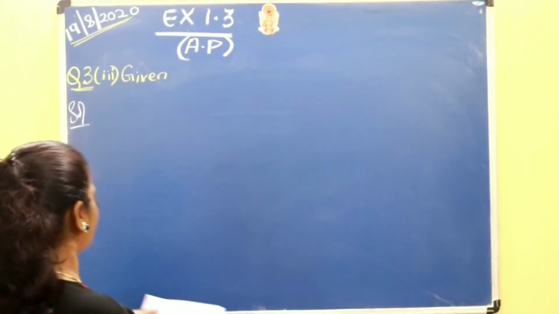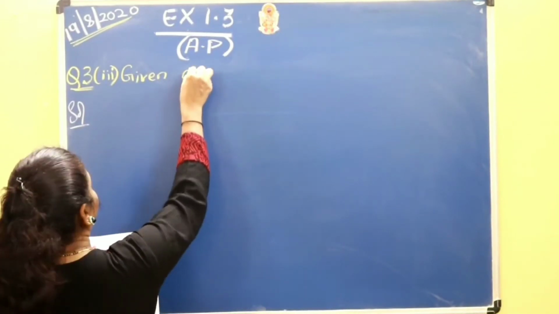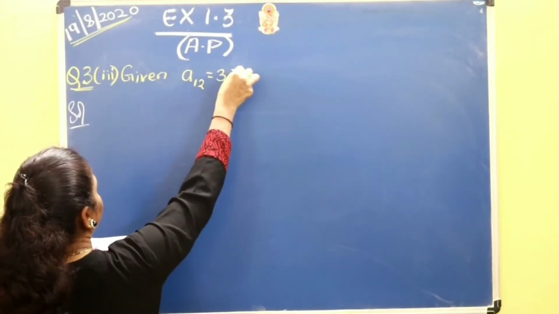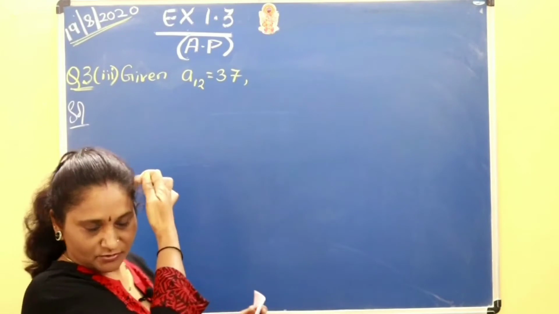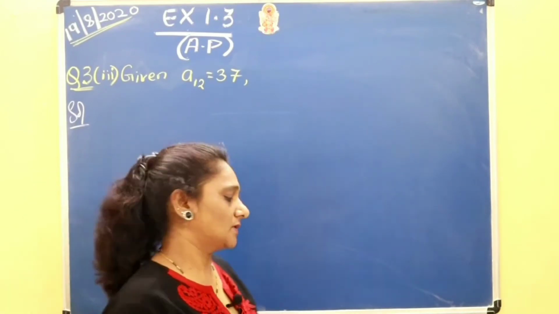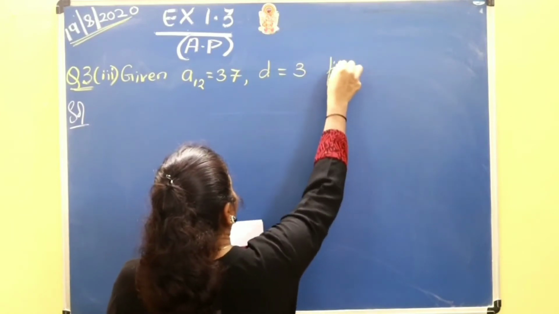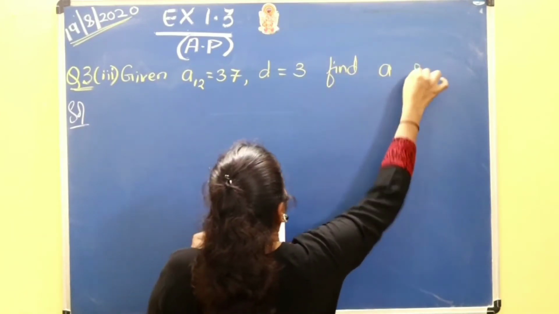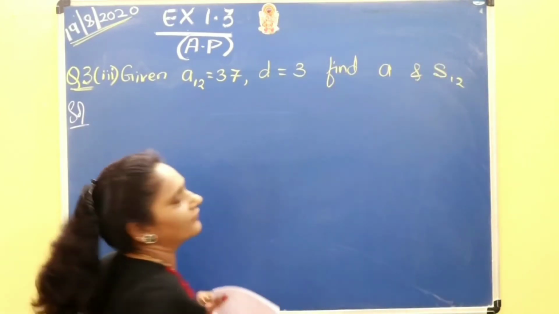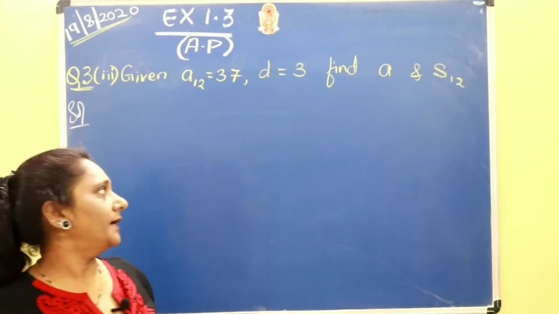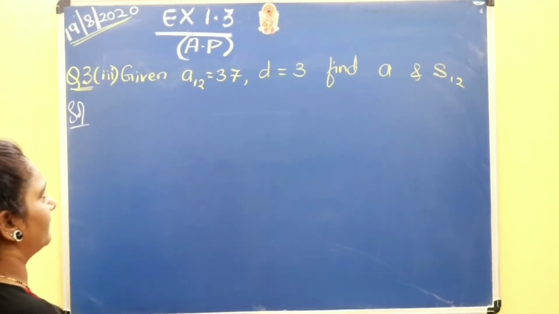Coming to the third sum. Given a is equal to 12, not a, d is equal to 3, a12 is equal to 37. You have to find out a and S12.